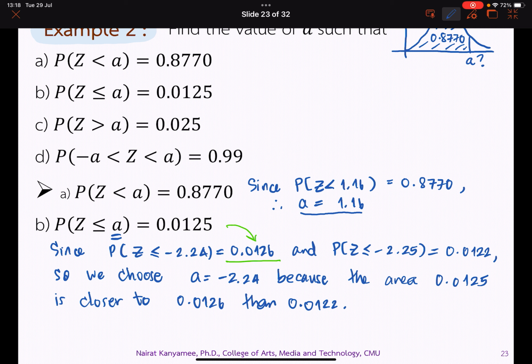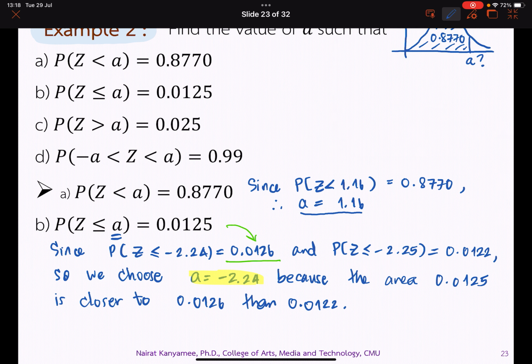So we choose the area which is closer to the given area, and we read the Z-score according to that area. So the answer is minus 2.24. So this is the answer.